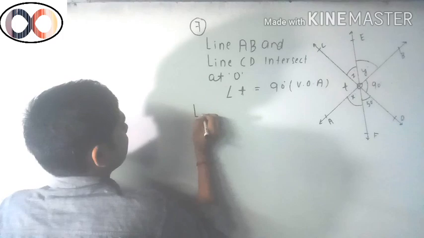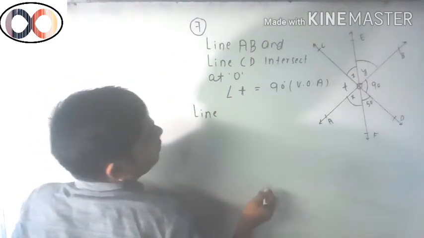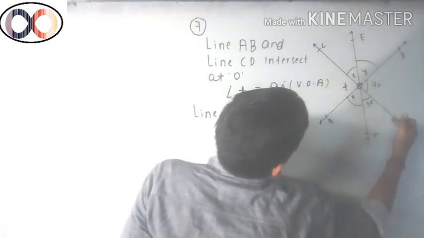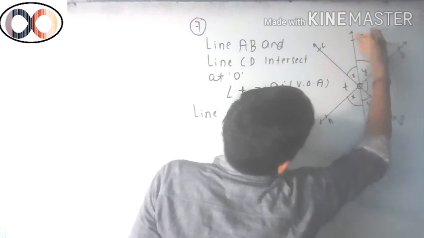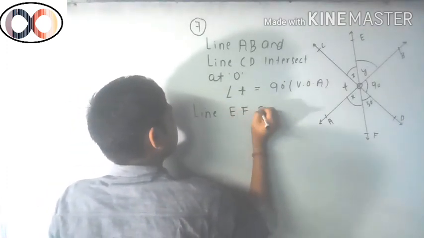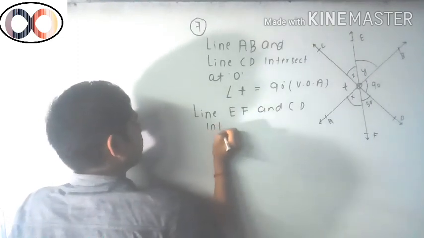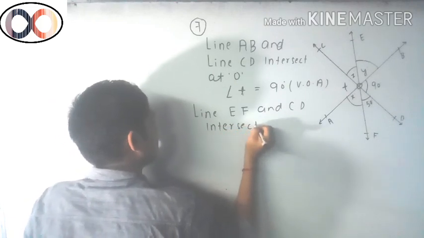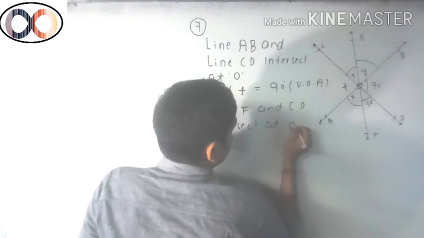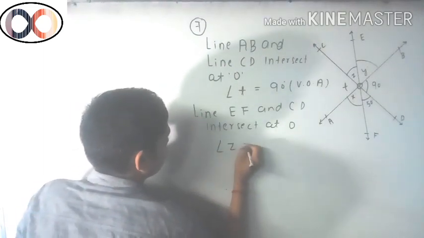Again, lines EF and CD intersect at O, hence angle z equals 50 degrees.